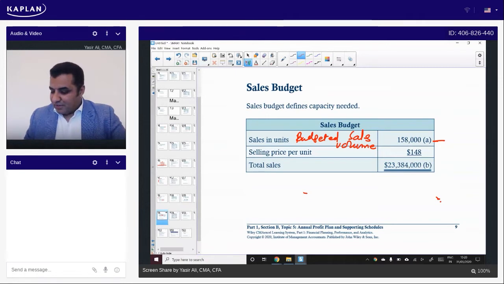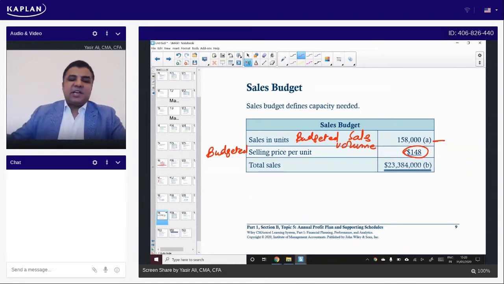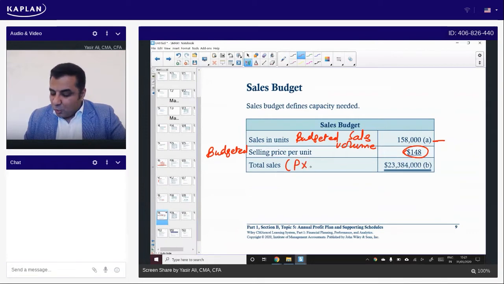So budgeted sales volume, multiplied by a selling price per unit. This should be called budgeted selling price per unit. How you set this standard or budgeted selling price is a separate discussion. Multiply these two. So total budgeted sales is price times quantity.